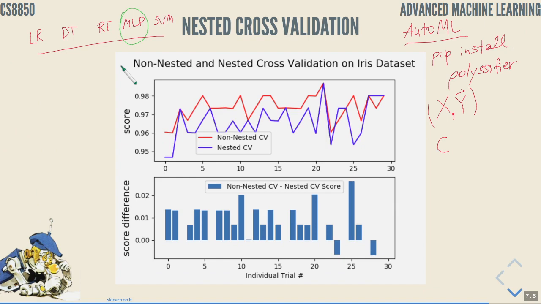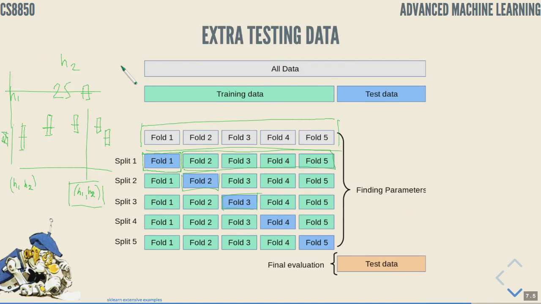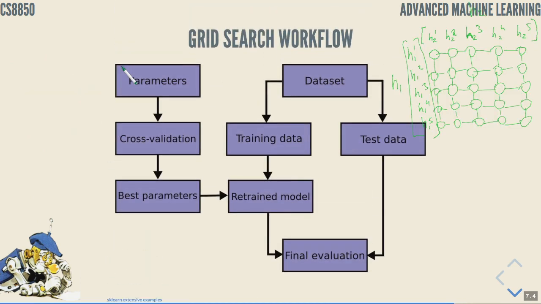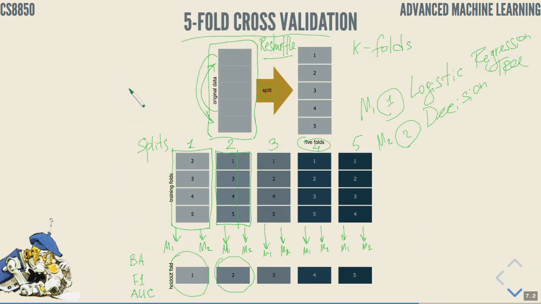If we select hyperparameters on the same data that we're training on in the cross-validation, then we will be overly optimistic. So the traditional, or actually recommended, way, and very good in practice, is to repeat the hyperparameter search cross-validation inside of the loop of the main cross-validation.